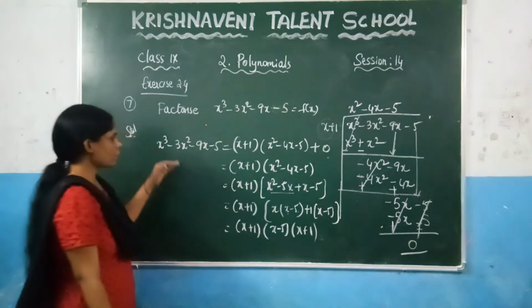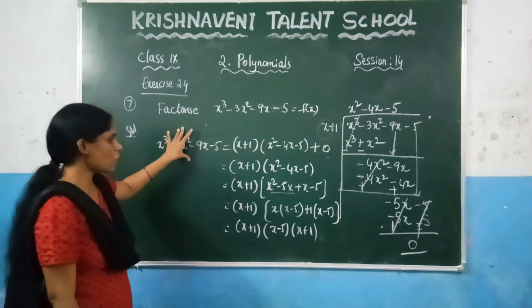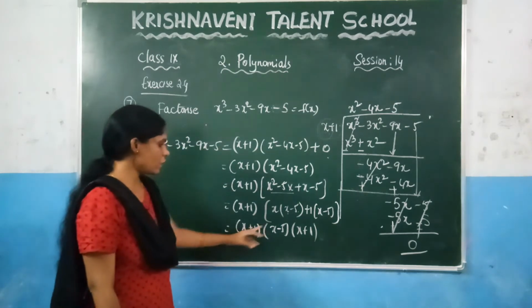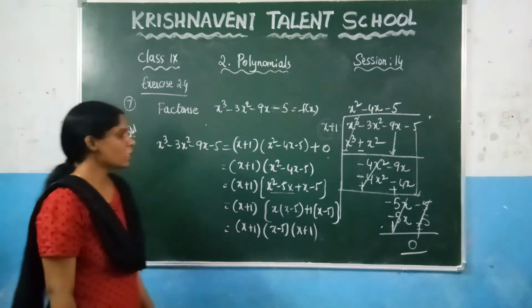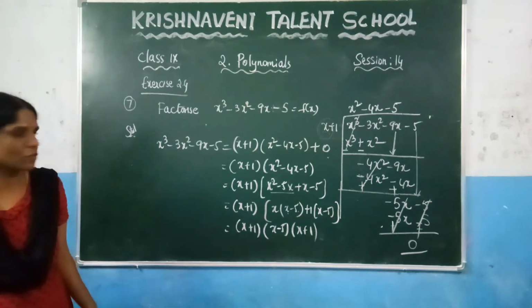So if you are given this cubic polynomial, we have factorized this polynomial as a product of the three factors. Like this you can solve it. Now the next question you can do as homework. See the next question here.